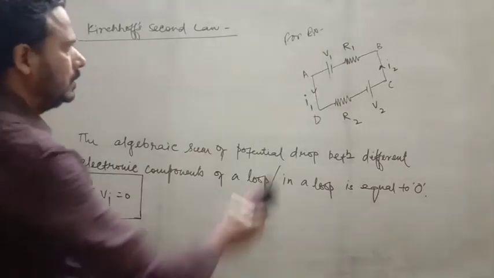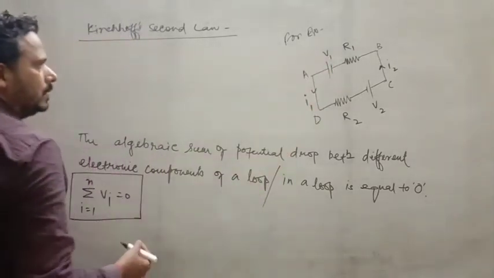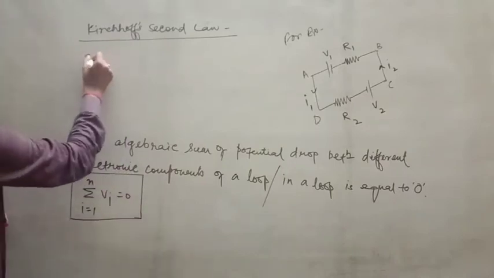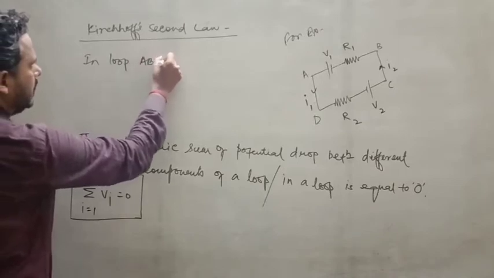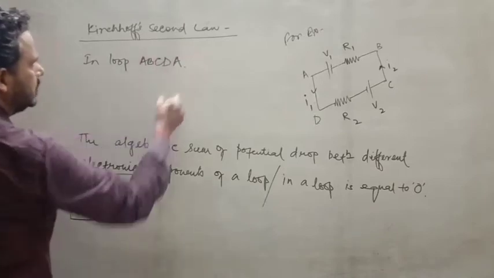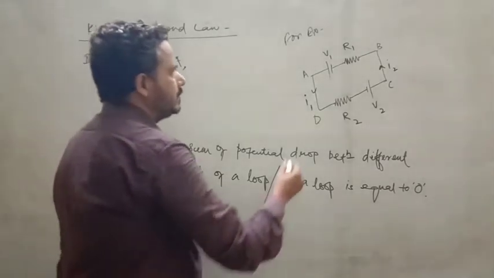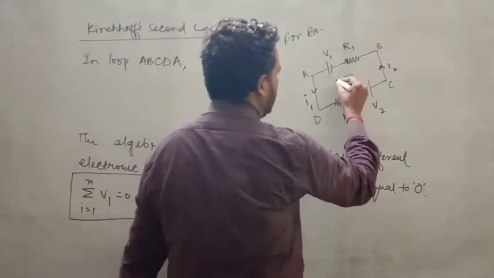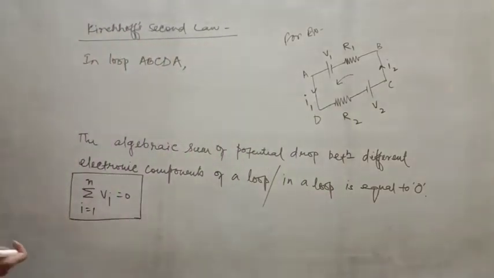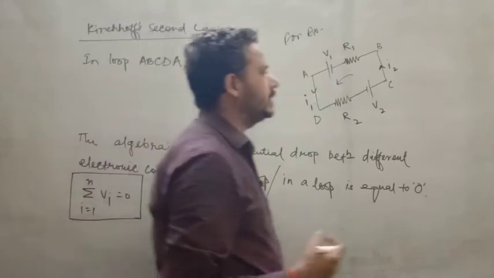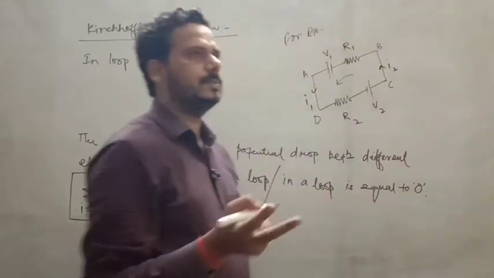So now from this circuit, you have to write that in loop A, B, C, D, A. This one is your complete loop. So what you see is that current I1 is flowing in this anti-clockwise direction. So here you also have to take two rules, just like Kirchhoff's first law.